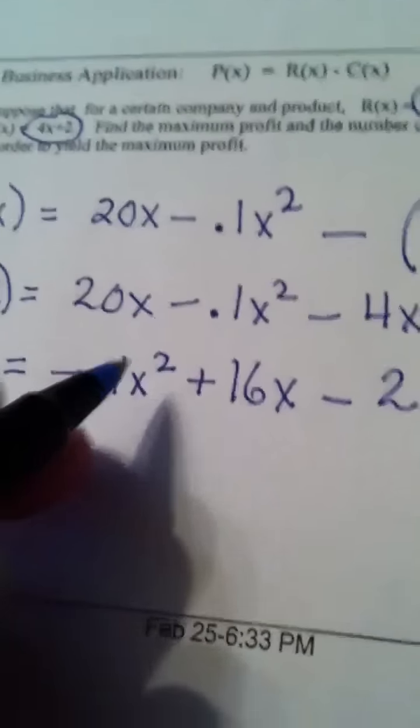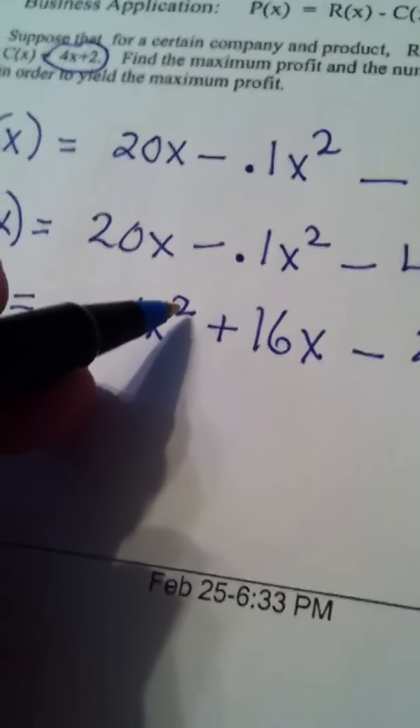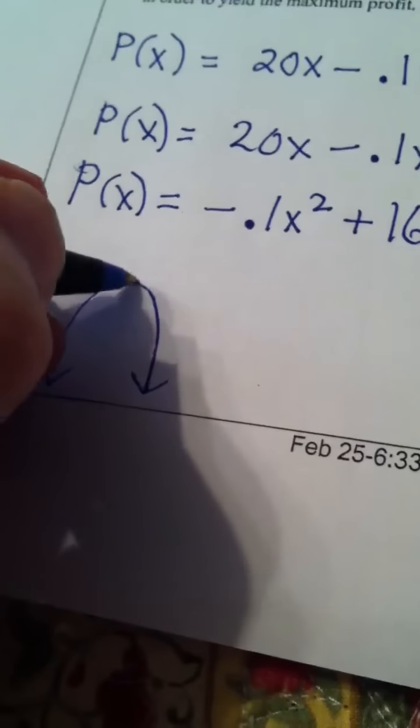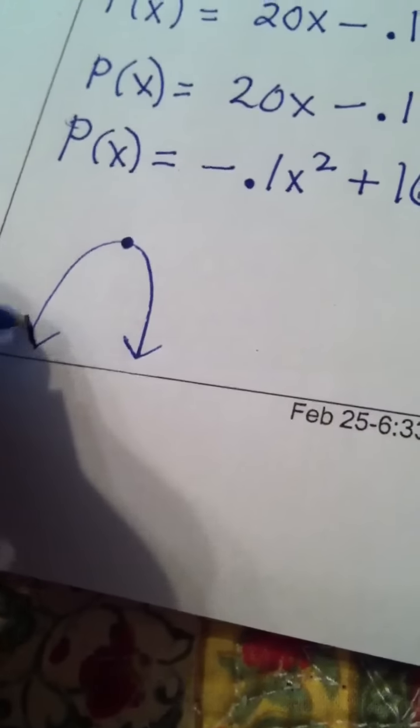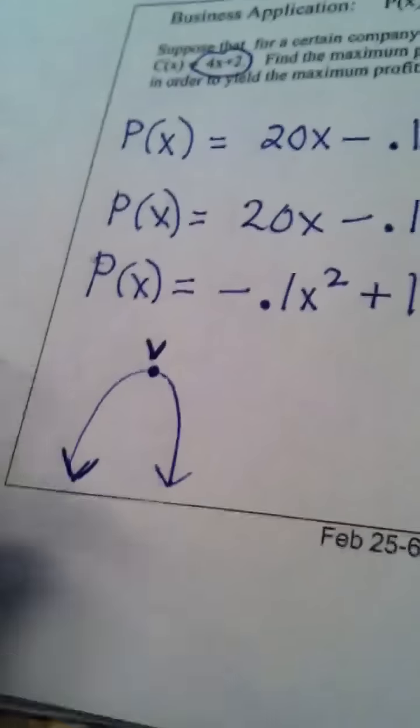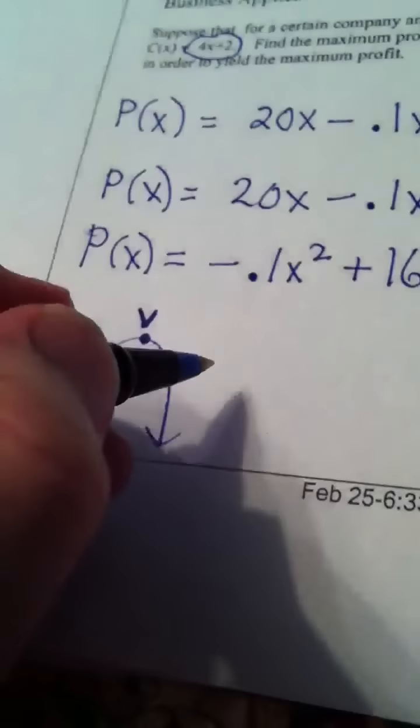Well, if you were to graph this profit function, the degree is 2, so it's a parabola and a negative leading coefficient, it's opening down. So we know for a fact we have a maximum value, and that would be the y value of the vertex. So what we need to do here is locate the vertex.